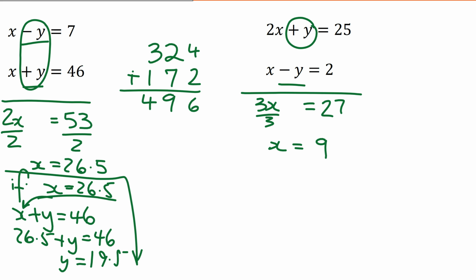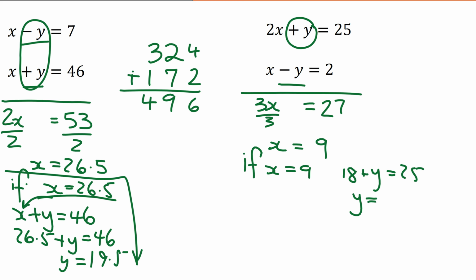Is that my answer? What do I do? Yeah, so if x equals 9, what equation am I going to substitute into? Why the top one? Because it's got a positive y to start with, yeah. Then I've got 18 plus y is 25.